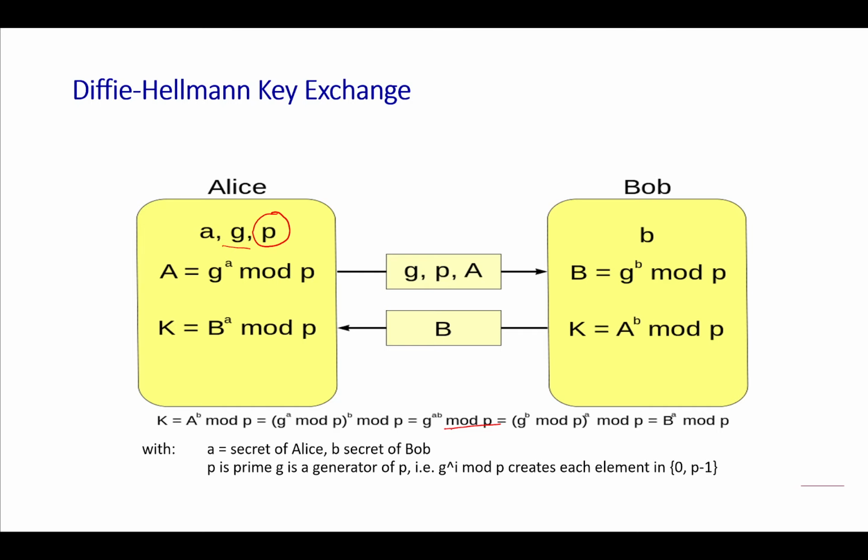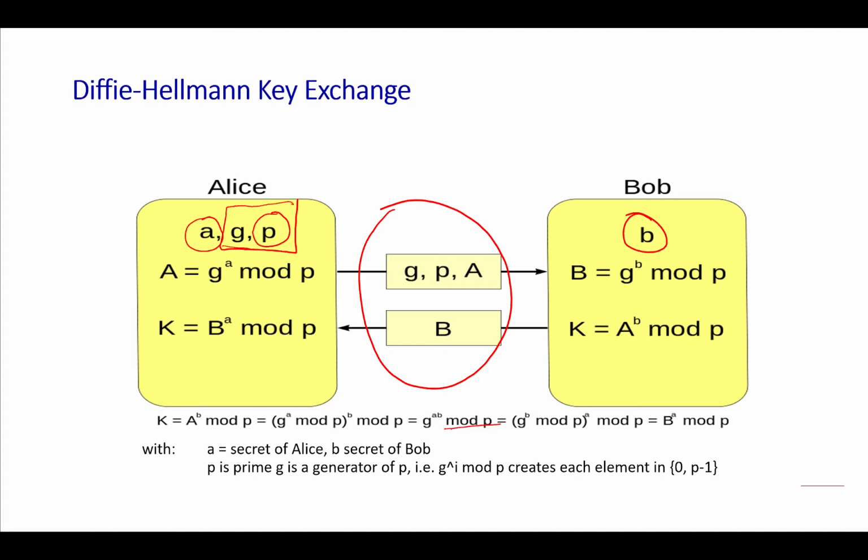Basically Alice defines these two numbers, but they can also be standardized. This is the secret of A, and this is the secret of B. What they want to achieve is to exchange a common key, without anyone listening to their communication being able to recreate the same secret.